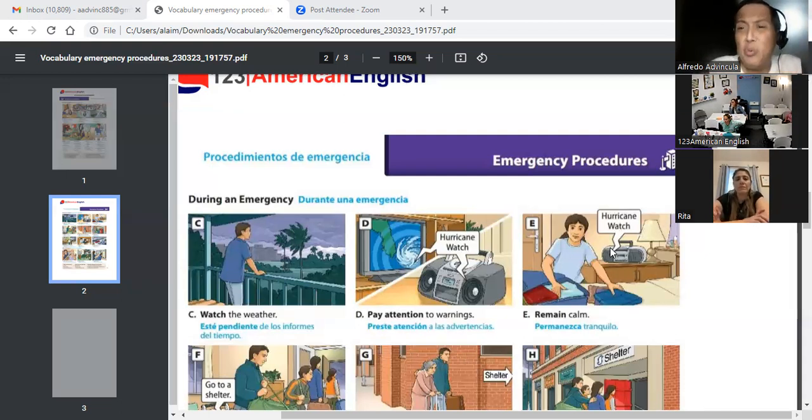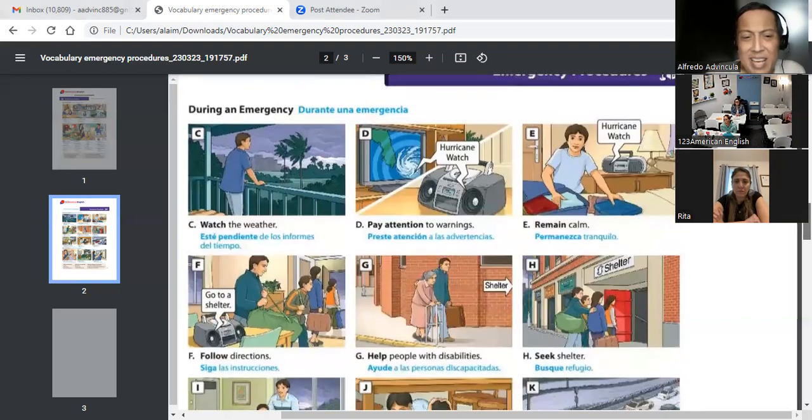They get nervous too. So if you're an adult, you have a family, and you want to always try to remain calm. So that's letter E. That one I think is pretty clear, guys.